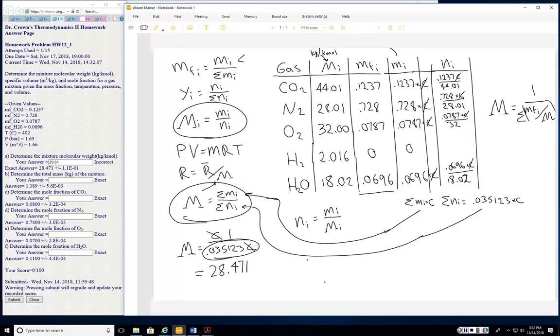Let me write that a little more clearly. So mixture molecular weight is 1 over the summation of MFi over Mi.